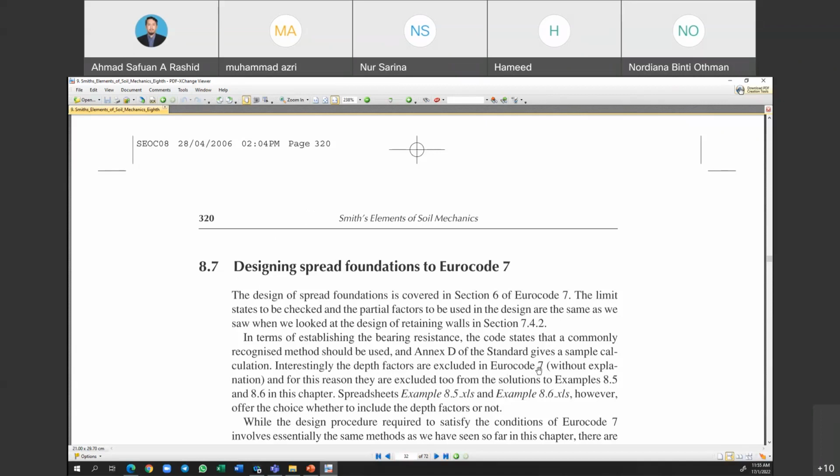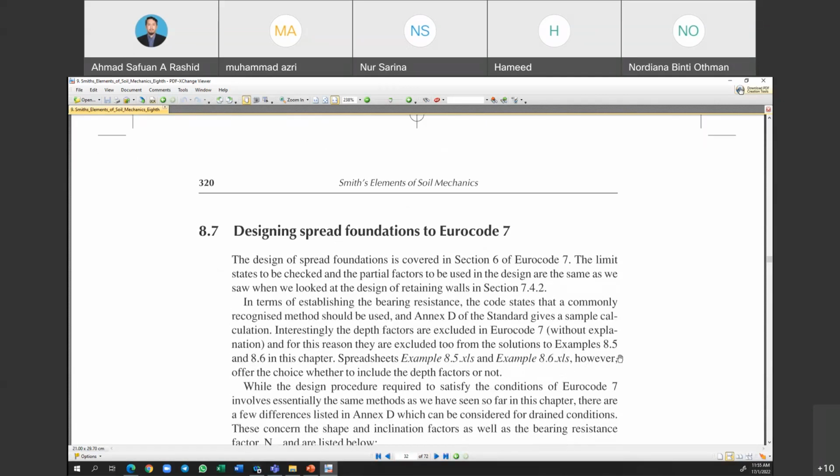The author also mentioned this without explanation, so I could not explain why the depth factor is not included. For this reason, they are excluded too, from the solutions 8.5 and 8.6 in this chapter later on. However, we are offered the choice whether to include the depth factor or not.